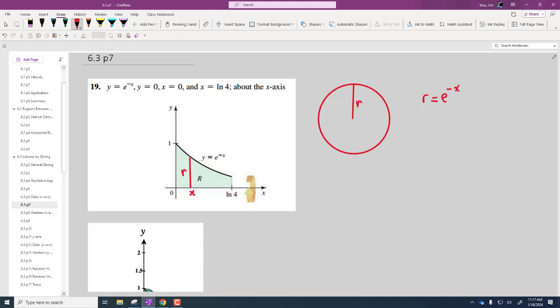Still working on it. Looking good. Check the integral there. So the e to the negative x gets squared. So it's e to the negative 2x. If you have a power to a power, you multiply the two exponents.